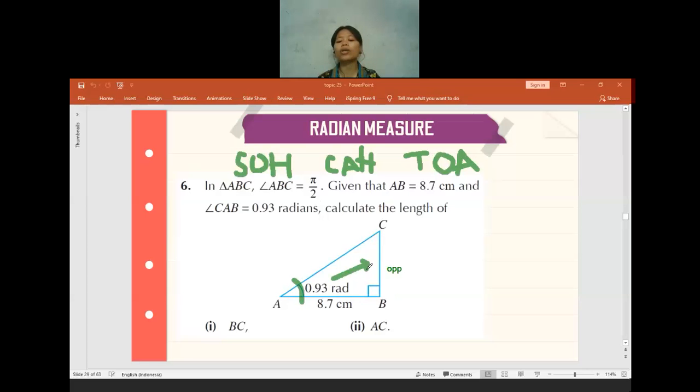So the 8.75, do we call it hypotenuse or adjacent? 8.7 centimeter, we call it what? Adjacent. Yeah, we call it adjacent. So the side opposite to the right angle, we will call hypotenuse. Has anyone forgotten about opposite, adjacent, and hypotenuse?